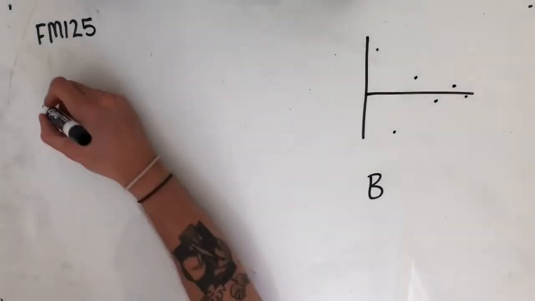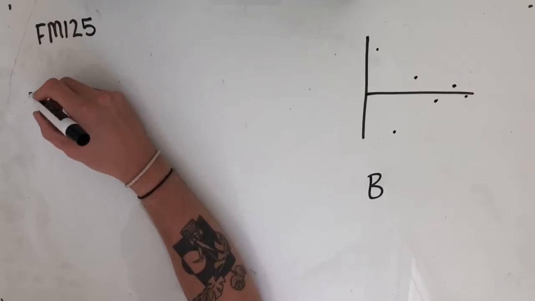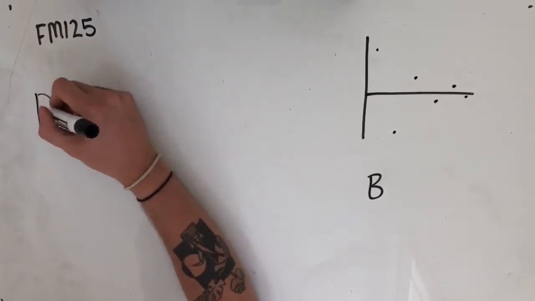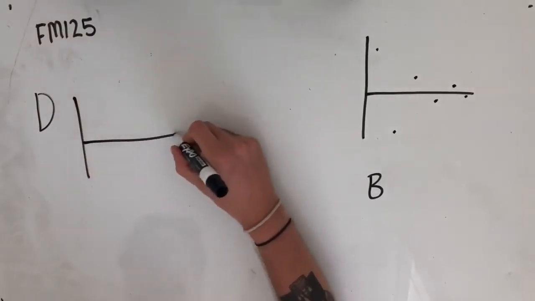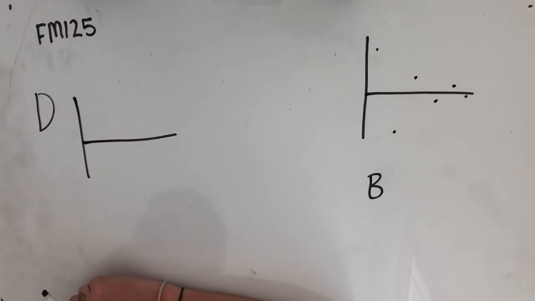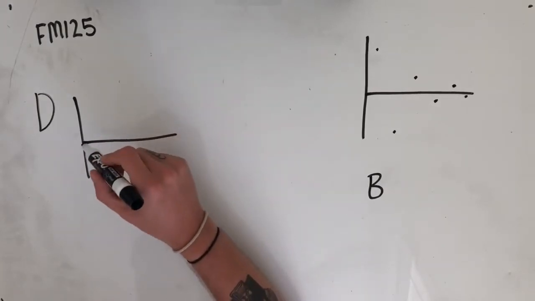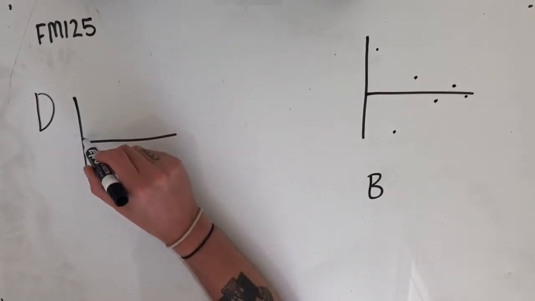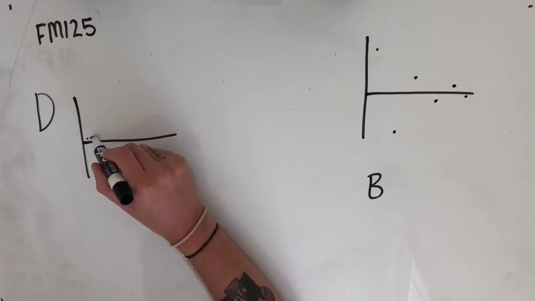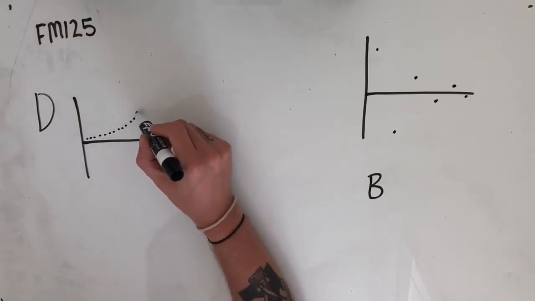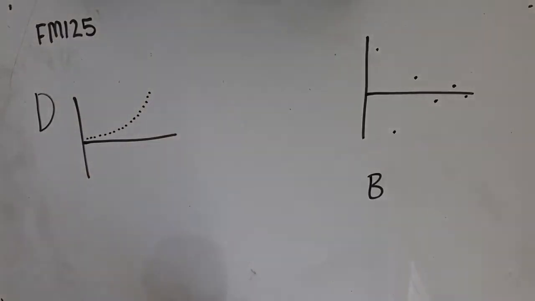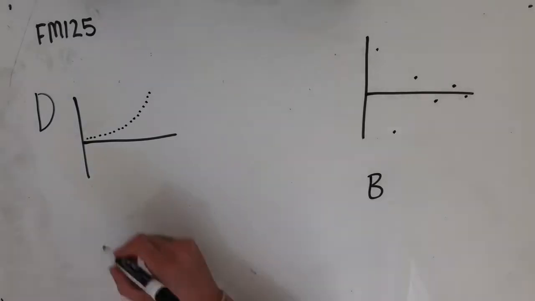D says geometric with common ratio R, where R is greater than 1. Cool. So if R is greater than 1, it's probably going to look something like this. Because of course we've got a number that's going to be increasing in size over time.